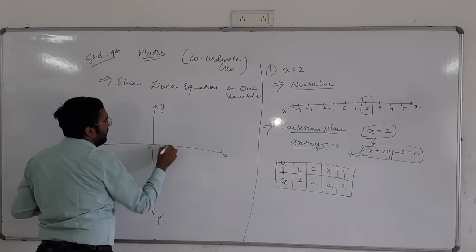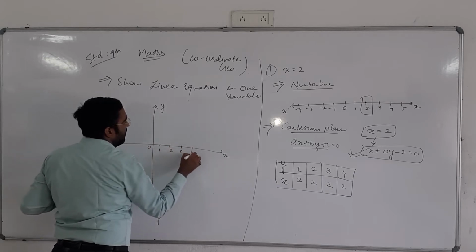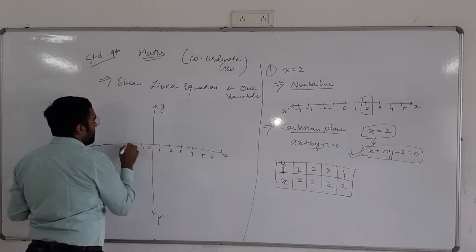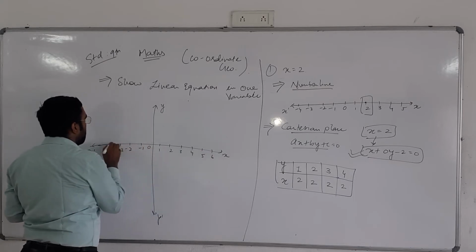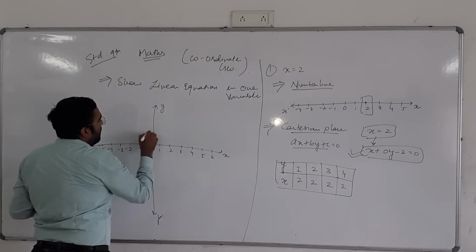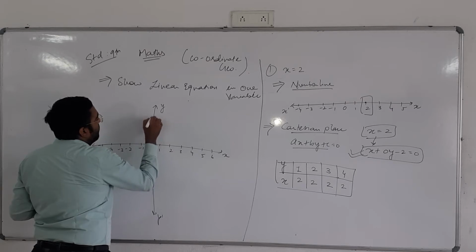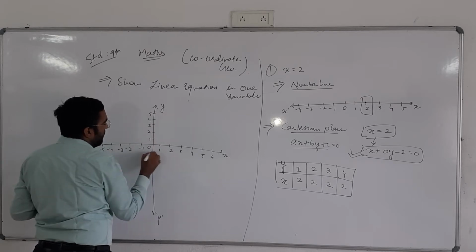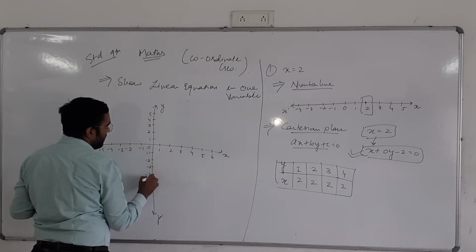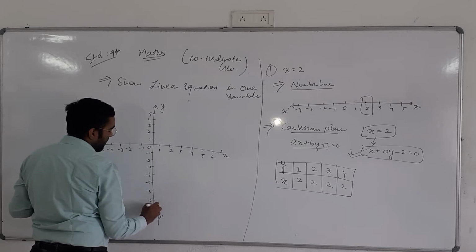So 1, 2, 3, 4, 5, 6, minus 1, minus 2, minus 3, minus 4, minus 5. And 1, 2, 3, 4, 5, minus 1, minus 2, minus 3, minus 4, minus 5, minus 6, minus 7, minus 8.